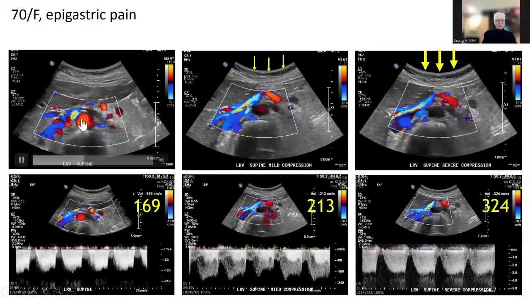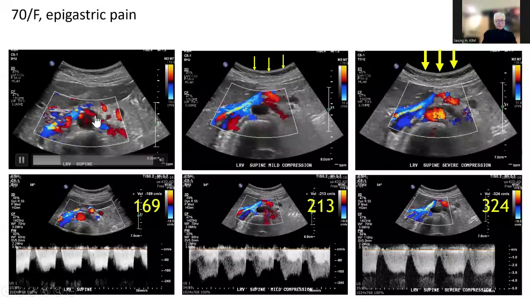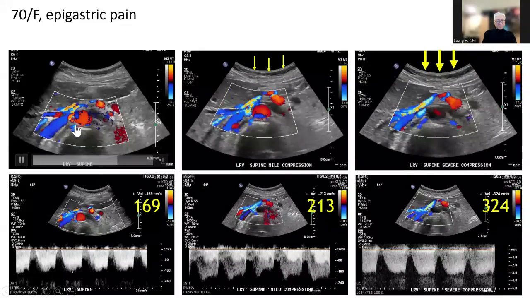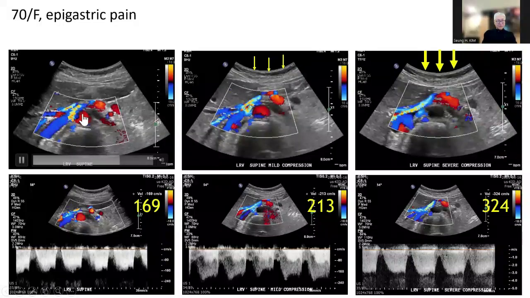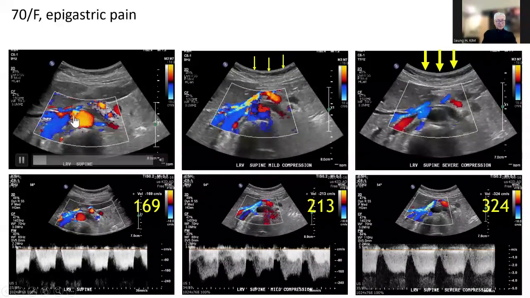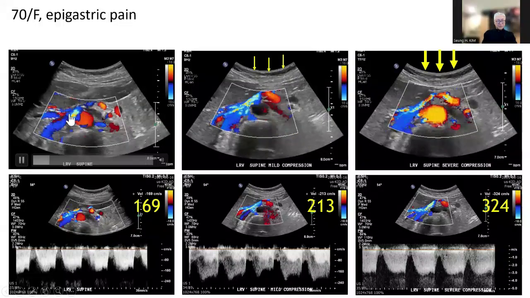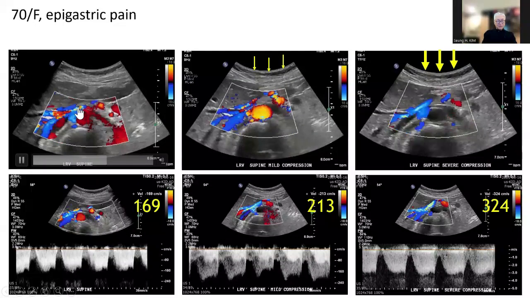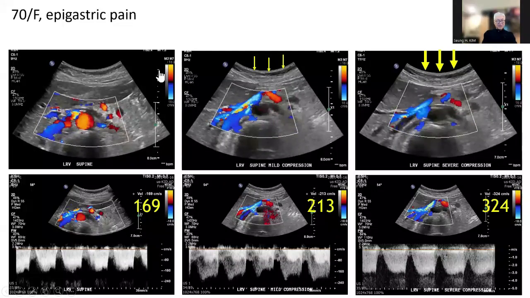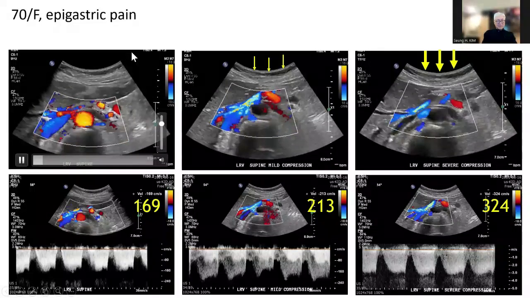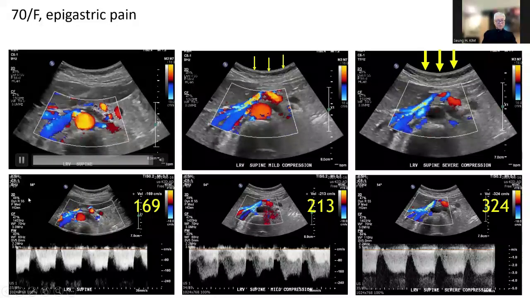The aorta, superior mesenteric artery, and left renal vein are here, and we see the fast flow here, and probably this is the origin of the right renal artery. So probably this patient has a type 2 nutcracker, and the peak flow velocity is 169 in these images without significant transducer compression.